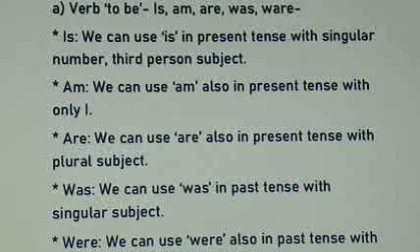Okay, and in the next sentence, suppose I say, they are my friends. It means the subject that I have used over here is they. They represents a group. In that group, there may be two, there may be more than two, maybe more than three, but not less than two.